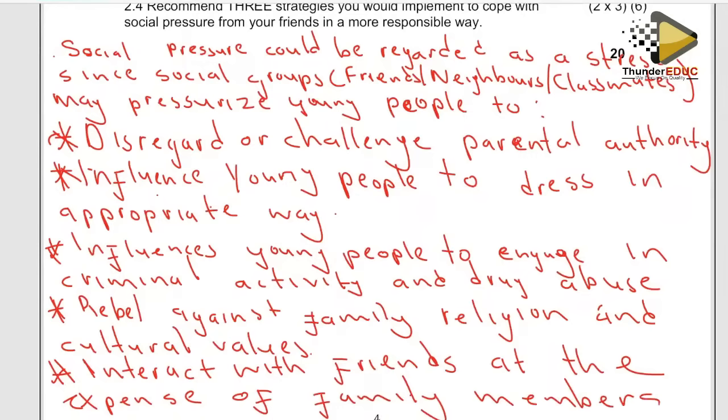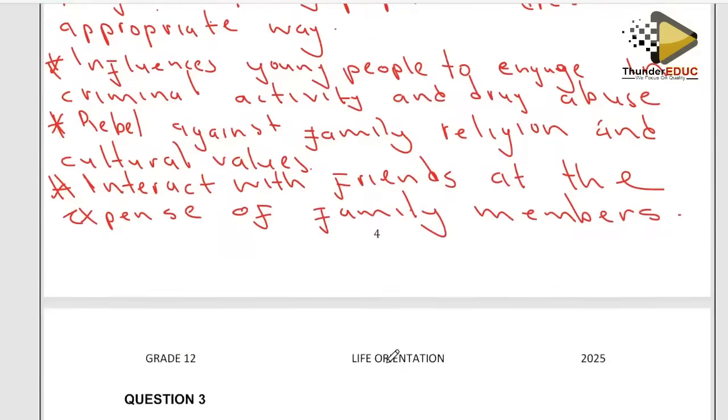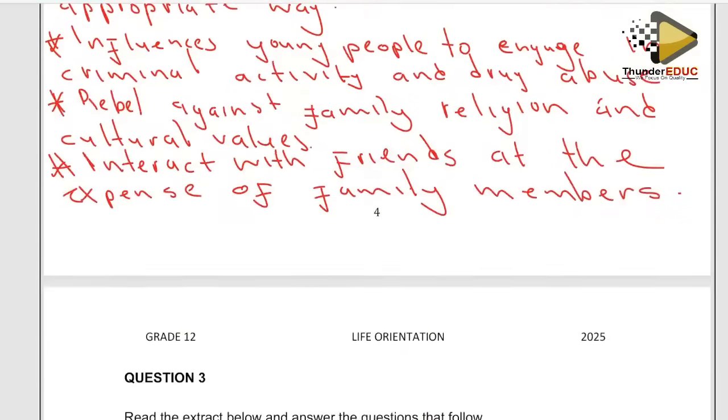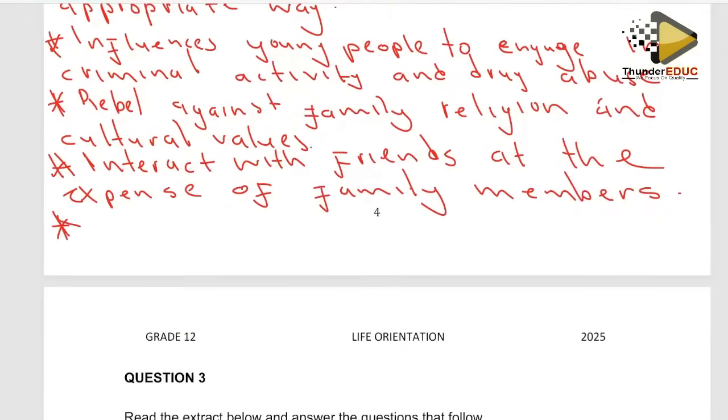So it might influence young people to interact with their friends at the expense of family members. Then in addition to that, social pressure can also result in conflict in the household.